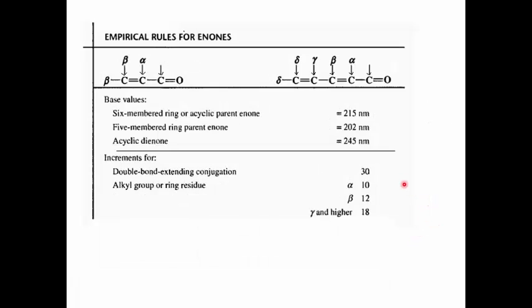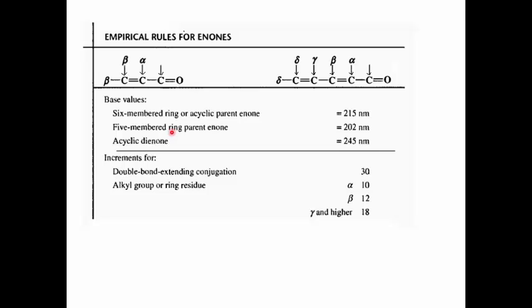If we have a CC double bond conjugated with a carbon-oxygen double bond, then there is a different starting or base value. If one starts with a 6-membered ring or a non-cyclic parent system, the starting value is 250 nanometers. If it's part of a 5-membered ring system, then the starting value is different, 202 nanometers.